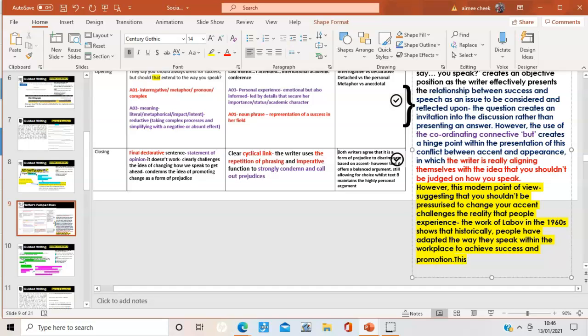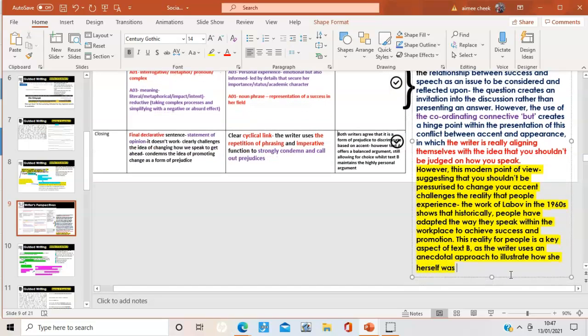So this reality for people is a key aspect of text B, as the writer uses an anecdotal approach to illustrate how she herself was pressurized.